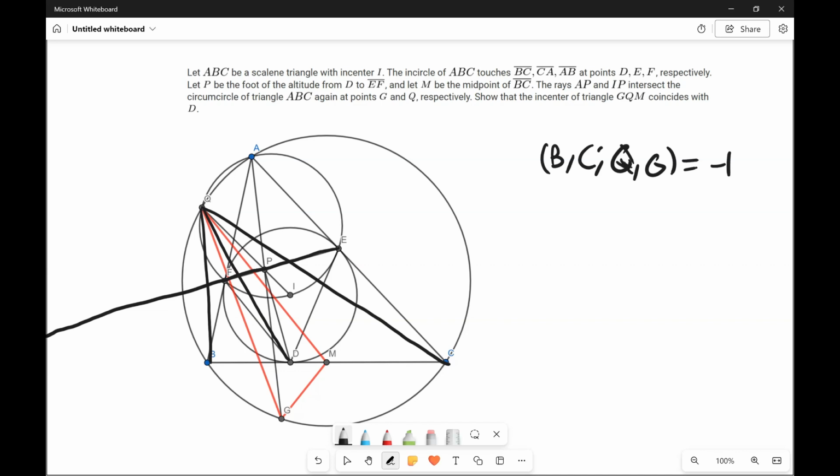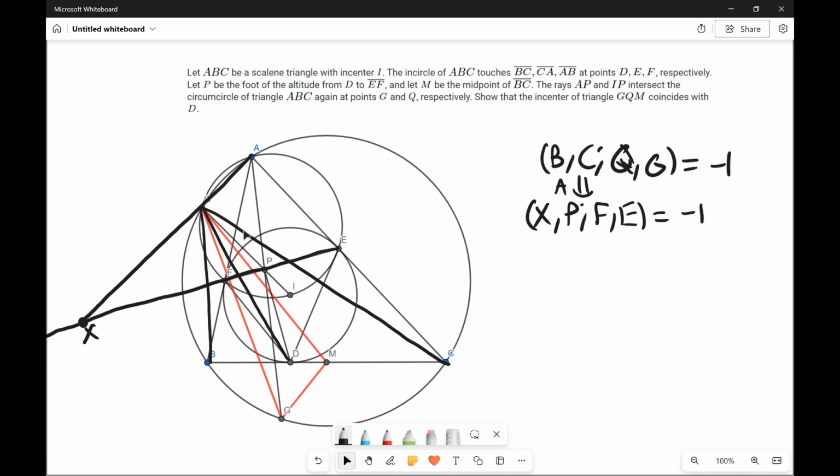Then we draw in the line AQ, and suppose it intersects at a point X. Then it suffices to show that the bundle (X, P; F, E) is equal to -1.